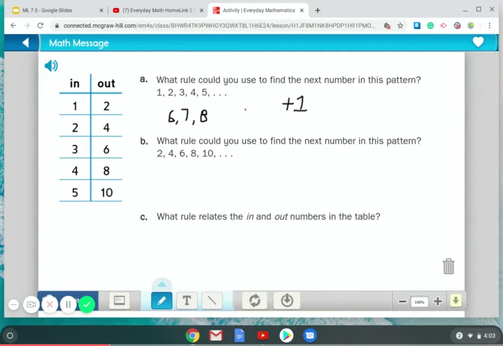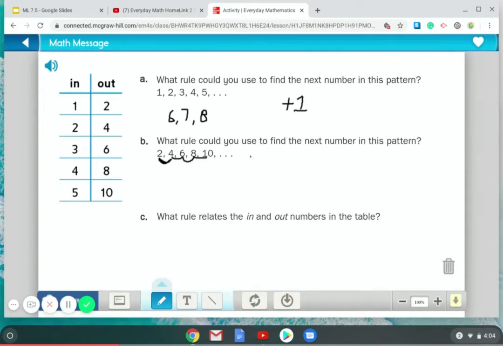Now, if I proceed to B, what rule could you use to find the next number in this pattern? 2, 4, 6, 8, 10. So this one is slightly trickier. And here we can just analyze our first two terms and find the relationship. We can see that they're both even, and that 2 to 4 increases by 2. We then go to 4 to 6. We also see that there is an increase by 2, 6 to 8 by 2, 8 to 10 by 2.